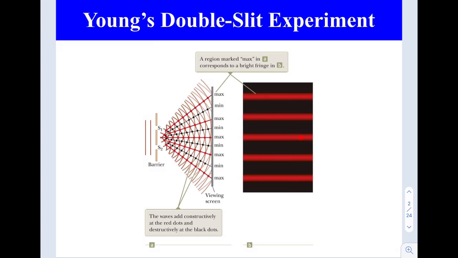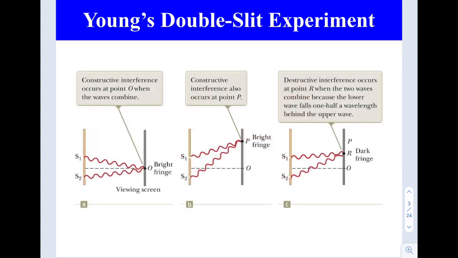We also call a bright fringe a maximum, and a dark fringe a minimum. To have bright and dark fringes, we may refer to this diagram, figure 36.2, explaining waves leaving the slits and combining at various points on the viewing screen. All this figure is not to scale, it is just conceptual.